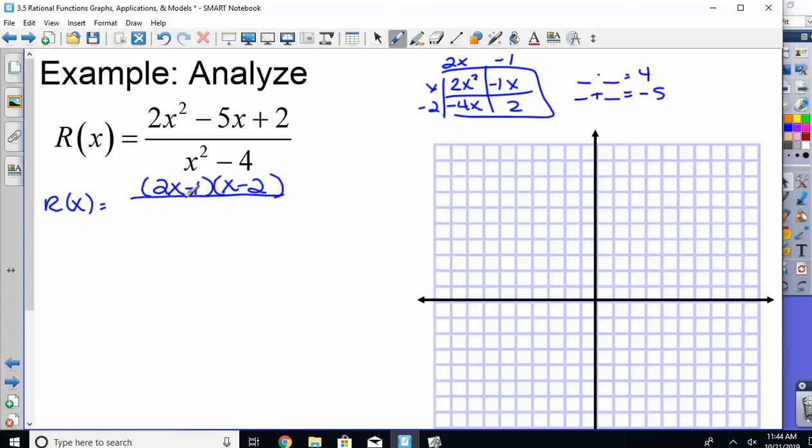The bottom, x squared minus 4, would factor into, what happens? So what happens right there? That means we have a hole in the graph. At the x value, what makes x minus 2 equal 0? 2.